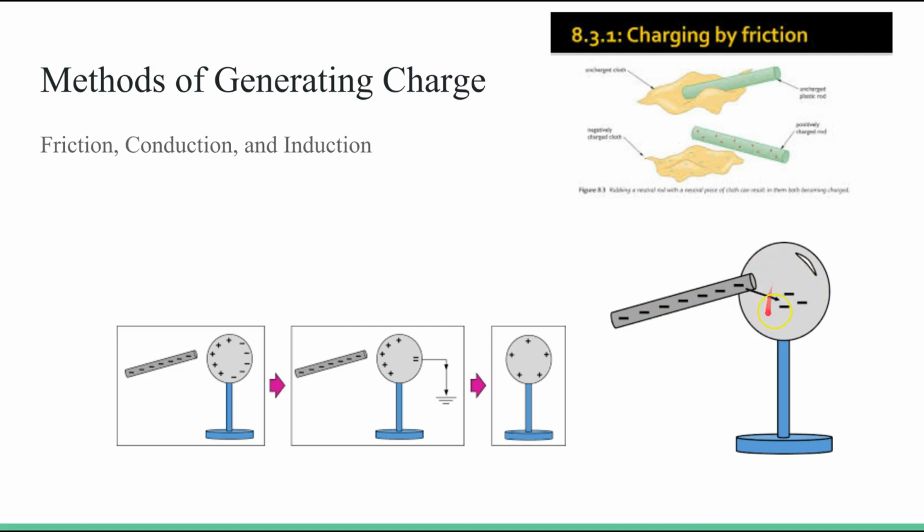And since this object is presumably neutral, having an equal number of protons and electrons, the electrons will win out and the object will become negatively charged.